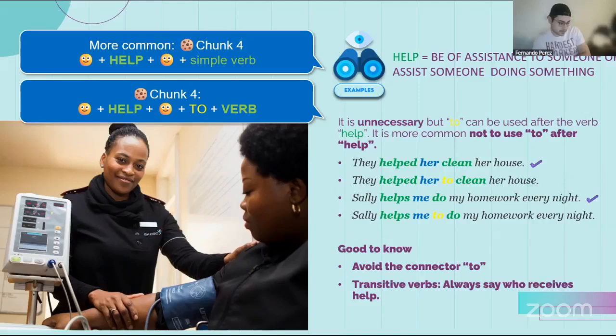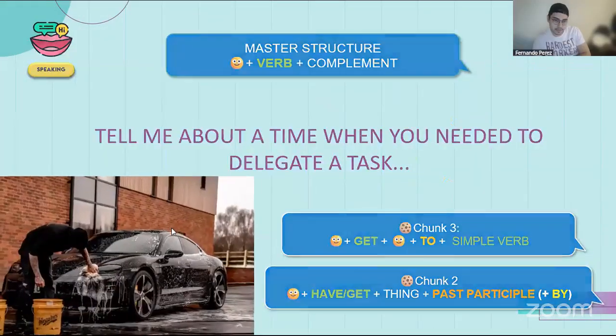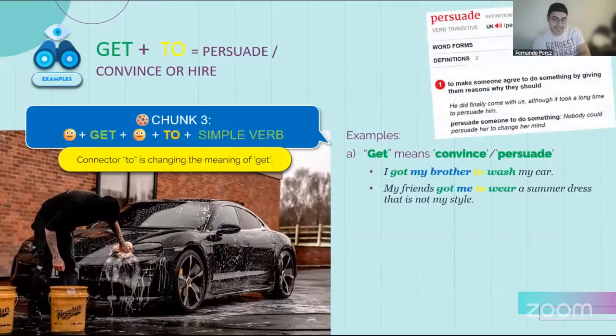Let's talk about the verb get and then the connector to. In this case, get to. We are going to use the connector to, not omit it.